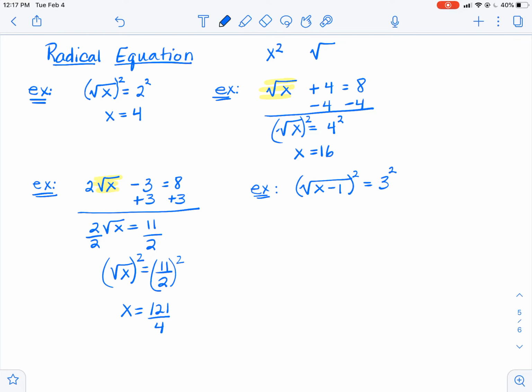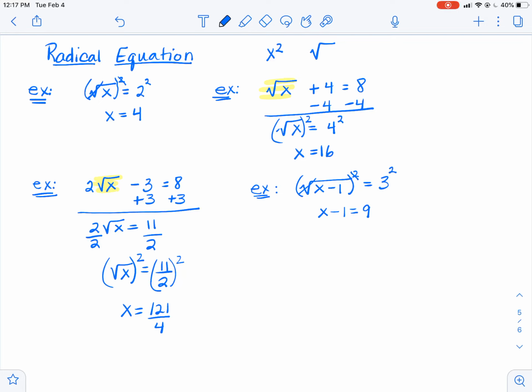And again, a lot of times you will see me come up here and I'll just cancel those two because those two things are canceling. So the same thing here, your square and your square root cancel, and you're always left with what's underneath the radical. Okay? It doesn't matter whether it is a single x, whether it's a number, whether it is an expression like x minus 1, or it could be a polynomial, whatever it is, that's what you're left with.